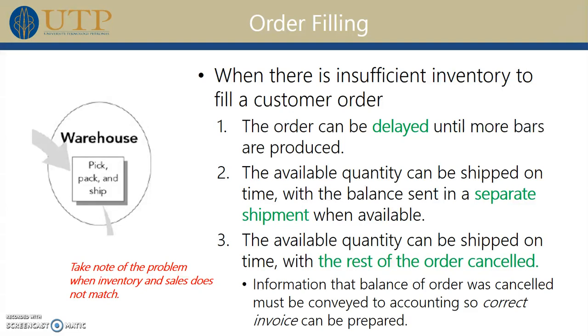So if there is an order but not enough inventory to fulfill it, these are the three options that Fitter Snacker can choose: delay the shipping until they have enough inventory, ship some now and some later, or fulfill the shipping date based on whatever they have, with the rest of the order cancelled.